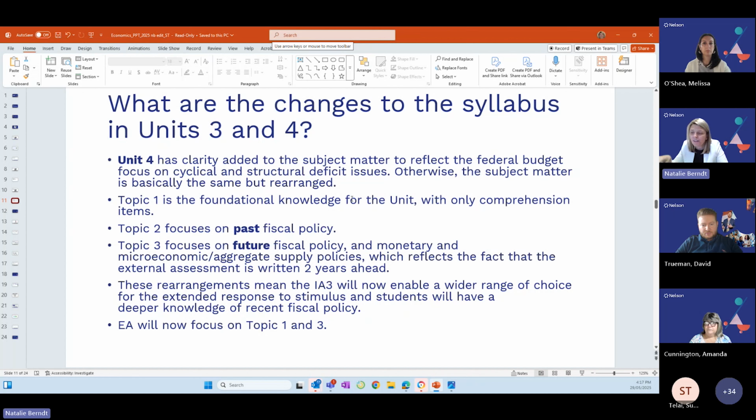So they still need those theoretical underpinnings, and then they need to be able to apply it to unfamiliar circumstances. And that's why anytime you can get your hands on data that's unfamiliar is a really good practice exercise for your students. The QCE won't use RBA chart packs. They're going to be something that is unfamiliar to students.